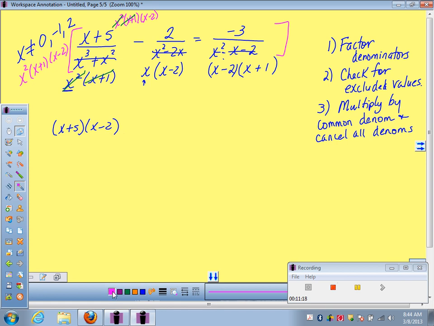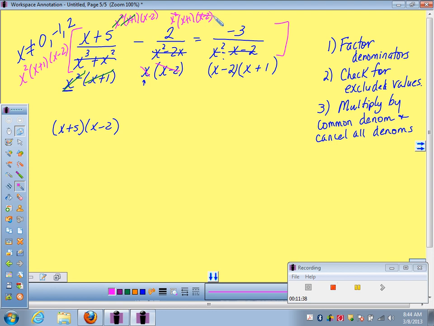So then, if I take this next one times x squared, x plus 1, and x minus 2, what's going to cancel on the next fraction? 1x and the x plus 1, 1x and the whole x minus 2 quantity.